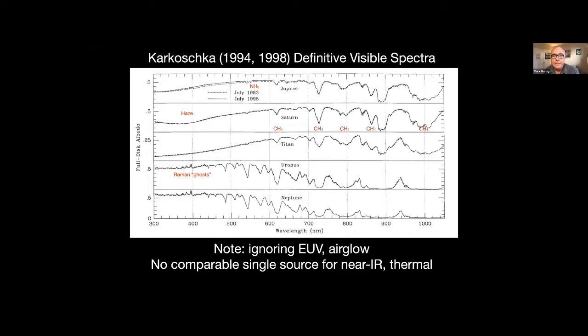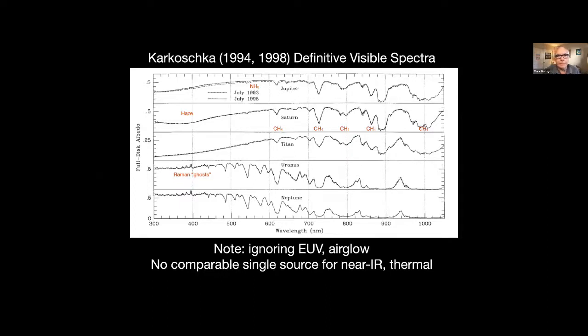And so what you see, and you divide out the incident solar flux, is that most of the features you see are produced by methane, gaseous methane in the atmosphere. So almost all of these absorption features are produced by methane.